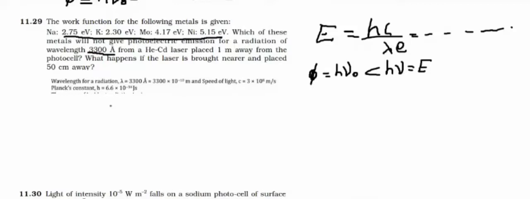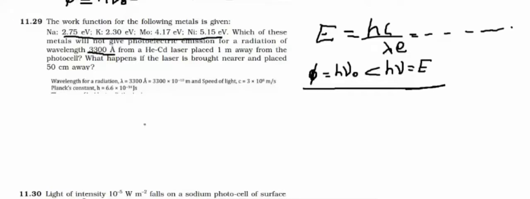Then molybdenum and nickel have no change at all. They will not emit any photoelectrons, because the minimum condition of threshold frequency is not satisfied at all. So wherever the position of the source of radiation, there is no photo emission in the case of molybdenum and nickel. But for sodium and potassium, you will get photo emission.